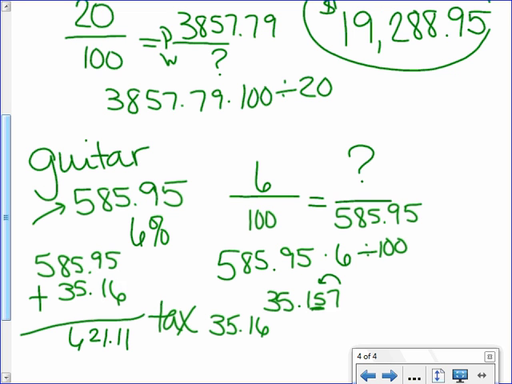Now, there is another method you can do, and we'll talk about that in class. Discount will be very similar to this. You'll find the discount the same way, and then that number would be the discount, and when it's a discount, we would take it away. Okay? Those are the typical kind of problems you're going to be doing.